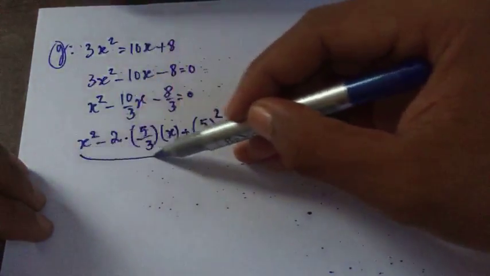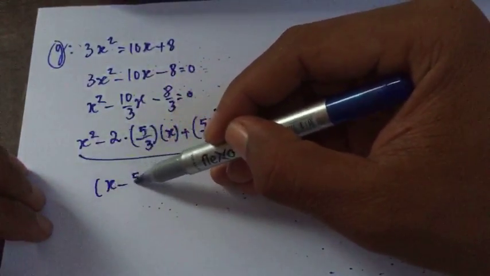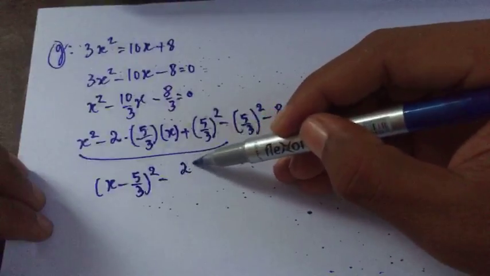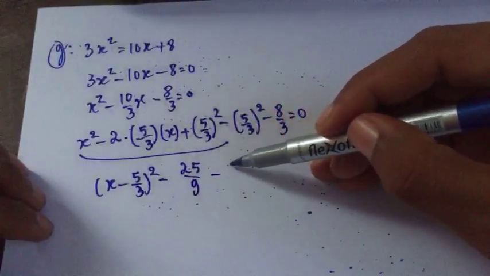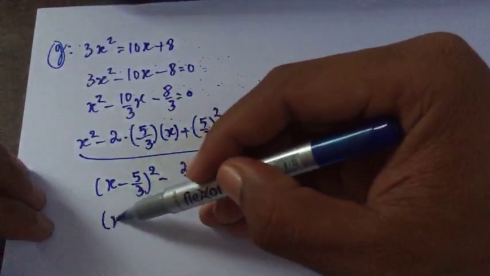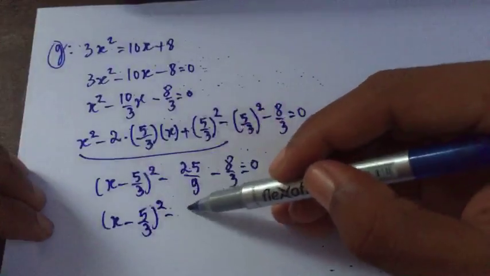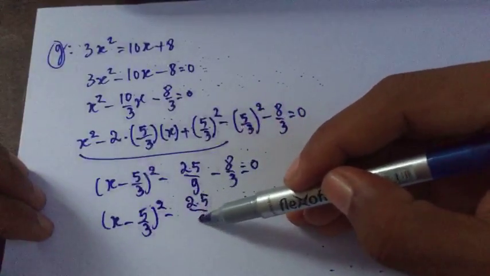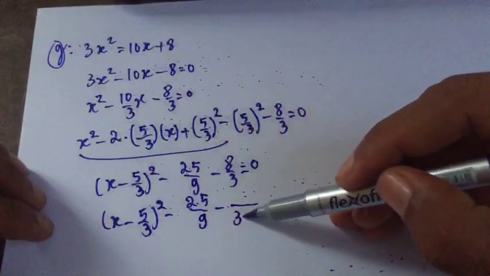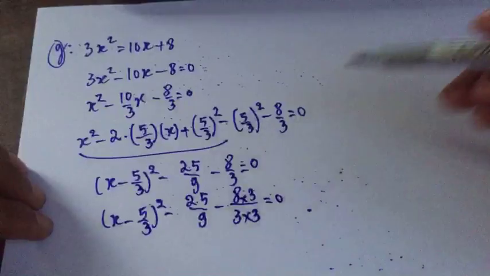Here we got this one, it is x minus 5 divided by 3 square minus 25 divided by 9 minus 8 divided by 3 equal to 0. So x minus 5 divided by 3 square minus 25 divided by 9 minus, it is 3 times 3 is 9, 8 times 3 equal to 0.